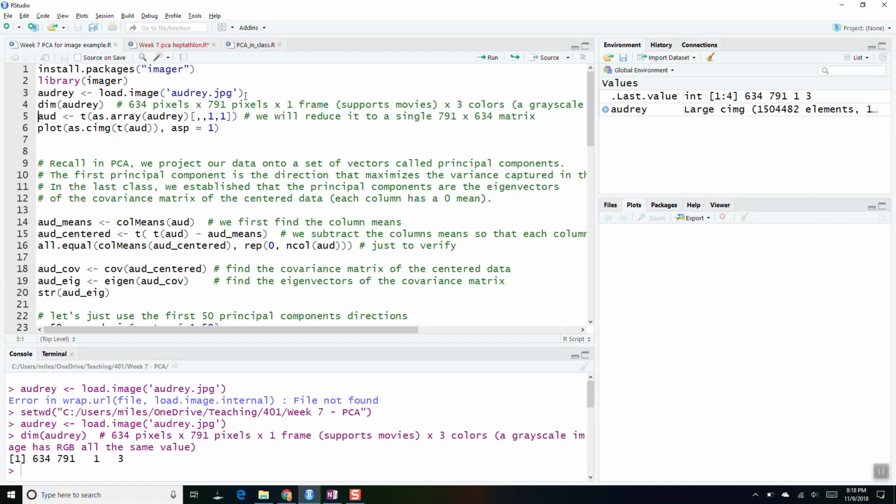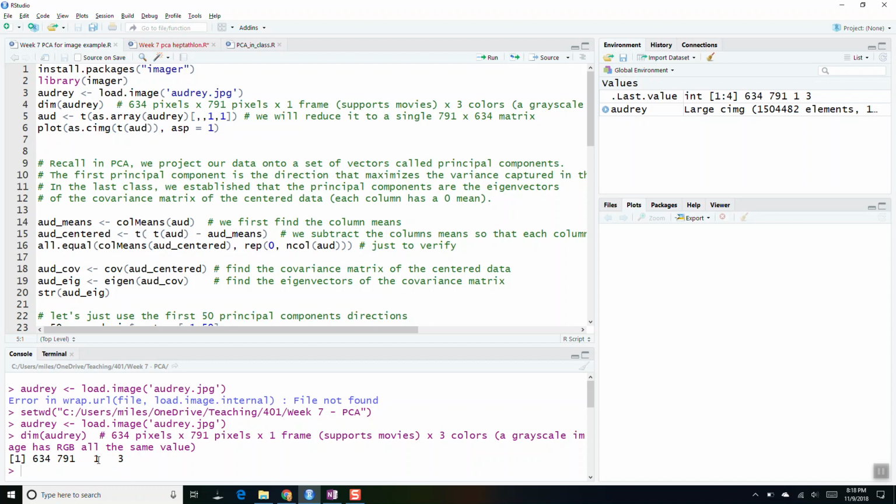And when you load this into the matrix with imager, it brings it into this high dimensional array: 634 for the width in pixels, 791 for the height.